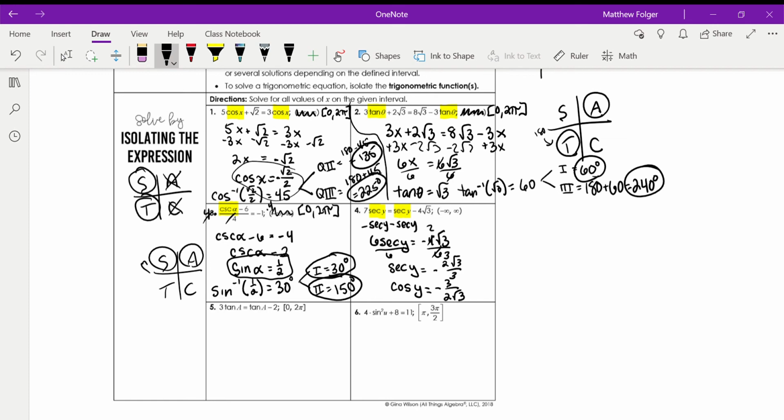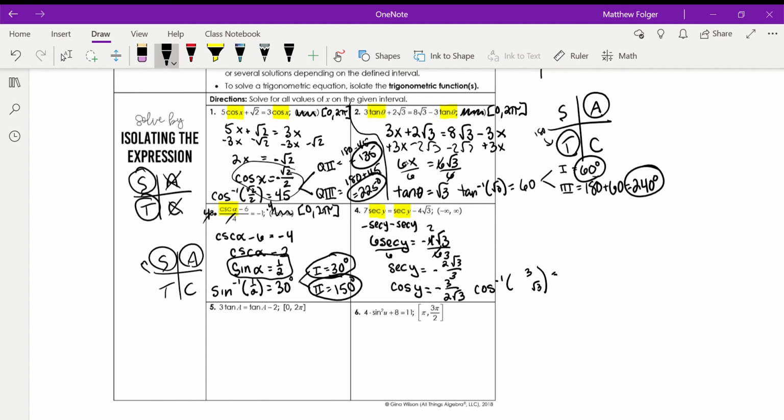So if I want to do that, then I do inverse cos of negative 3 over 2 square root of 3. And don't worry about rationalizing that denominator right now. You could if you want to, but plugging it in the calculator will be fine. So inverse cos of that. And again, don't do negative for this step. I shouldn't have written that.